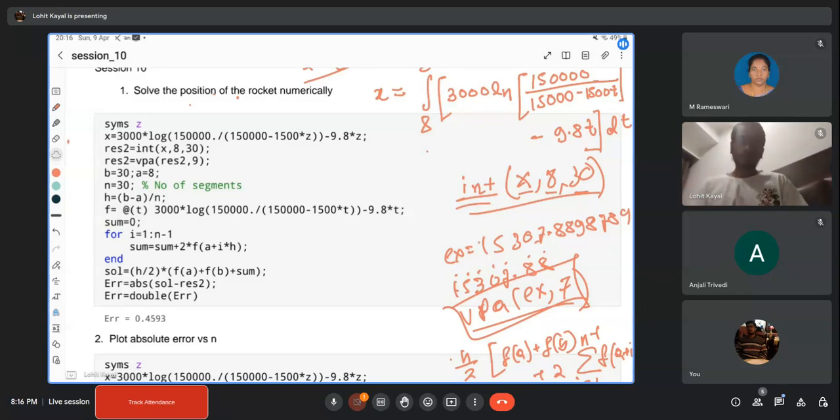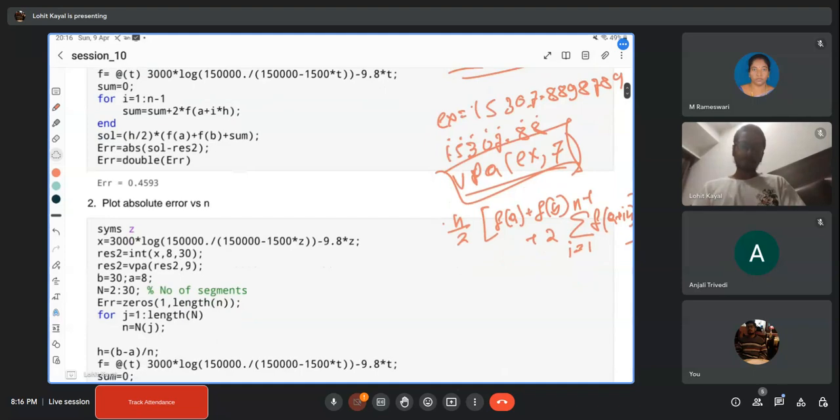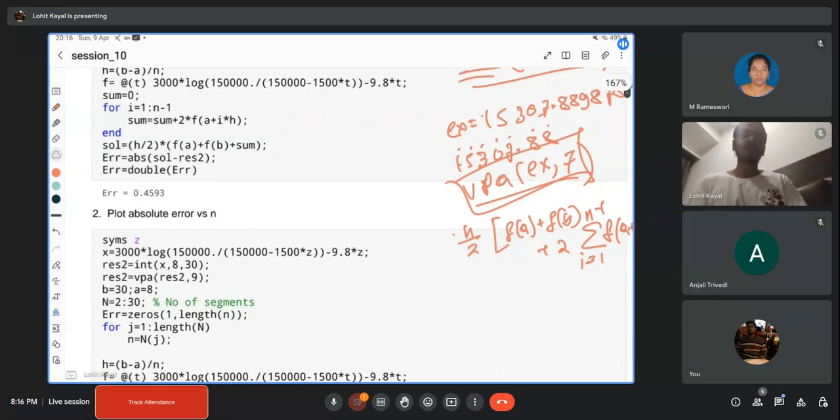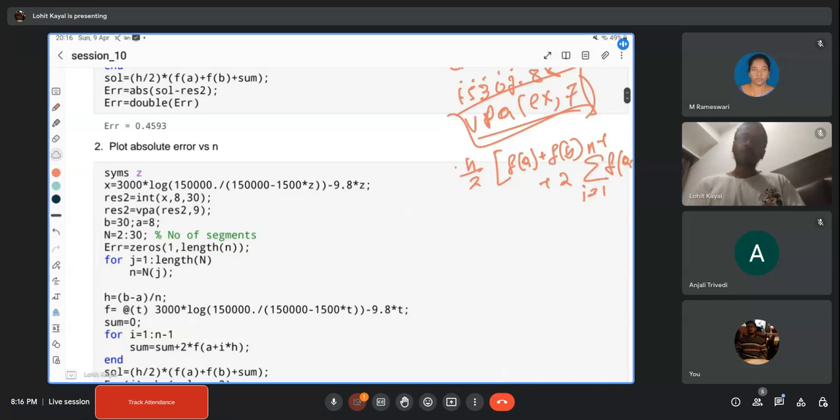So in the next question, I will show what happens if I increase the step size gradually. The code is exactly the same, but here I am using an extra loop because I am gradually increasing the step size. This capital N is varying from 2 to 30.